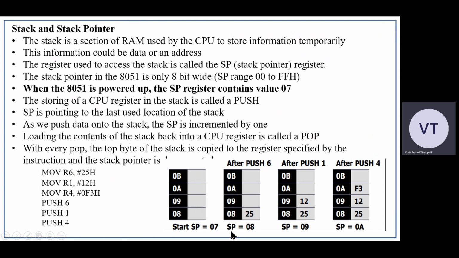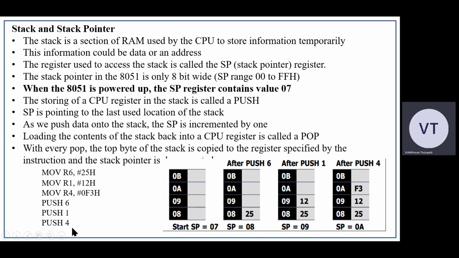Now what is there in the stack pointer? That is 8. Now push 1. Push 1 means push the contents available in R1 into the stack. The stack pointer will be incremented by 1. Now the stack top address is 09. Whatever is there in R1, that is 12, will come into that location. Now push R4.